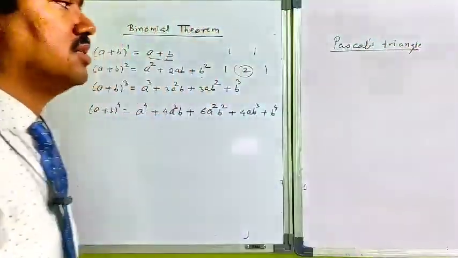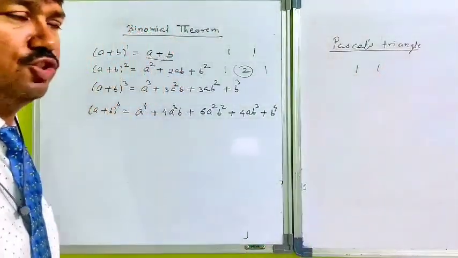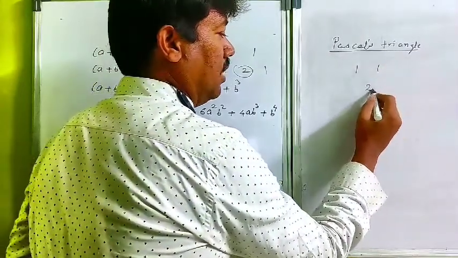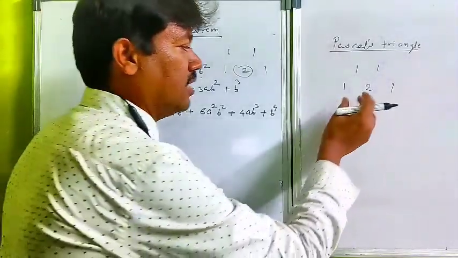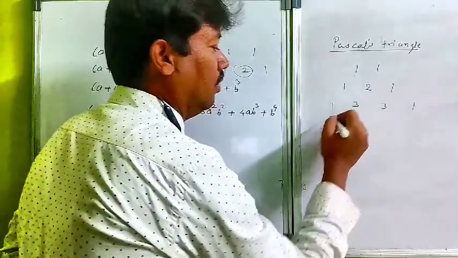So what is the Pascal's triangle here? If you write 1, 1 as the coefficients in the first expression, the second expression is the sum of these two, that is 2, and again the last is 1, 1. The next is the sum of these two, that is 3, 3, and again 1, 1.